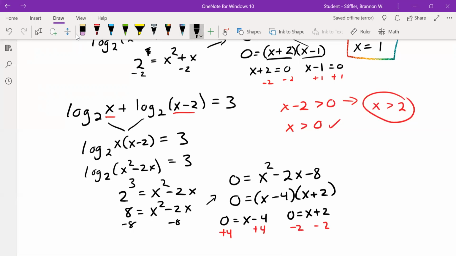My two potential solutions are x equals 4 and x equals negative 2. In other words, algebraically they both work, but we want to make sure they work in the context of our domain, which is x has to be greater than 2. So that leaves us only one choice, and let me try to be consistent. We have our answer, x is equal to 4.